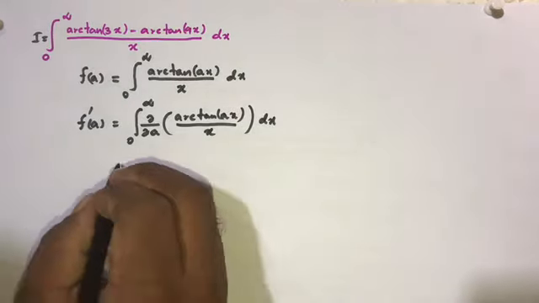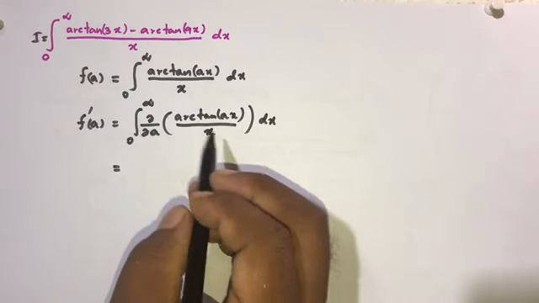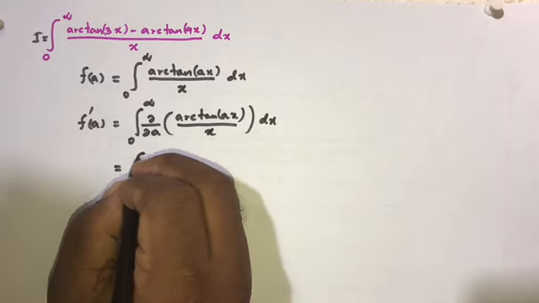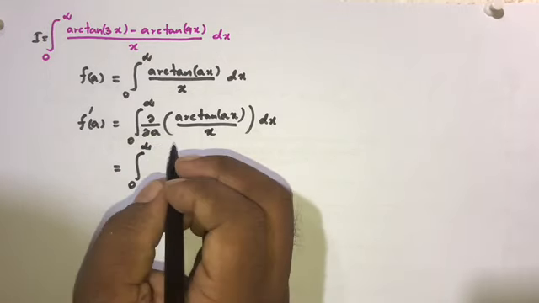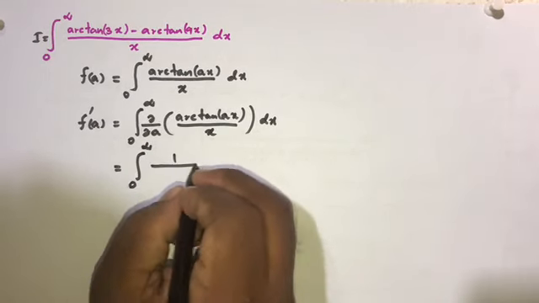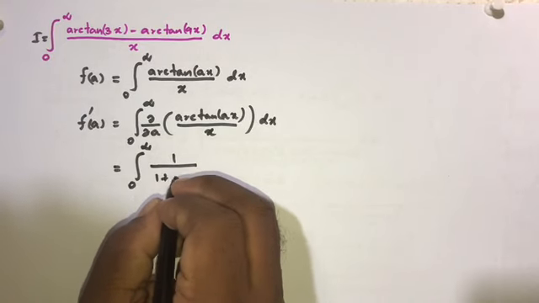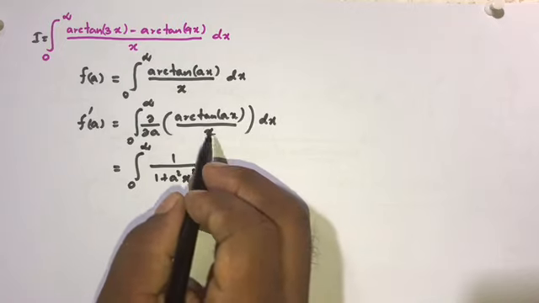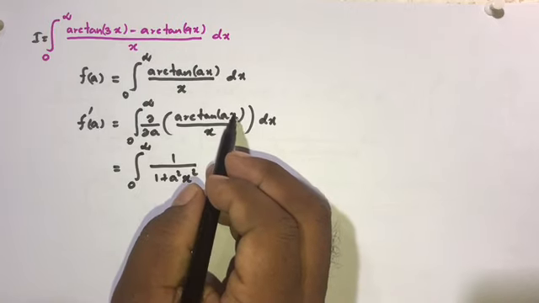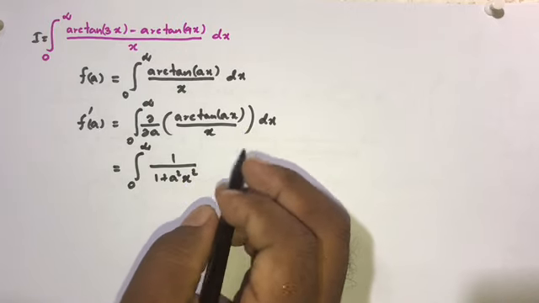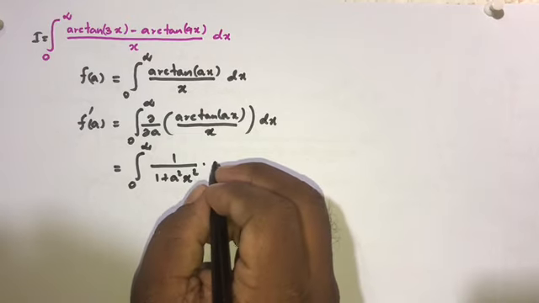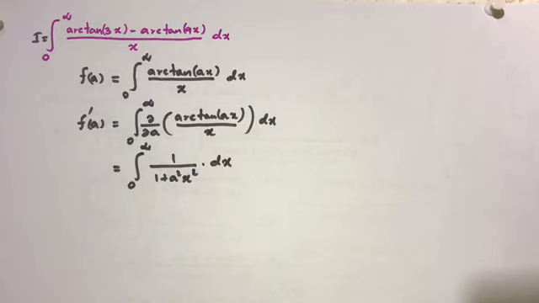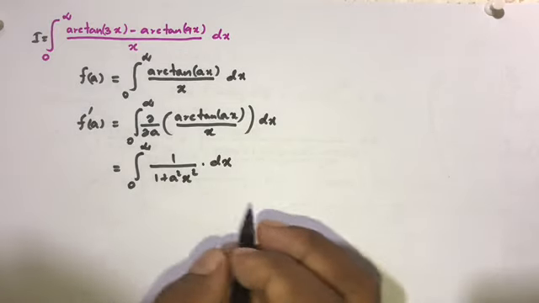Then the derivative of arctan of ax with respect to a gives the integral from 0 to infinity of 1 over 1 plus a square x square, and this x gets cancelled because here x is a constant, dx.